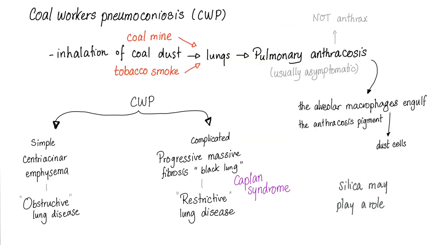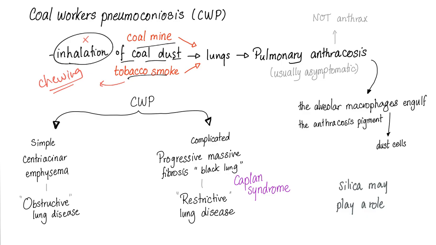Let's talk about coal workers' pneumoconiosis. First, you inhale, okay? It has to be inhalation of coal dust. Could be from a coal mine or from tobacco smoke. And let's be very clear, I'm not talking about chewing tobacco. Why not? Because chewing tobacco is absorbed through the oral mucosa and some of it is swallowed, but it's not inhaled, so it doesn't count. So you're saying that chewing tobacco is healthy?